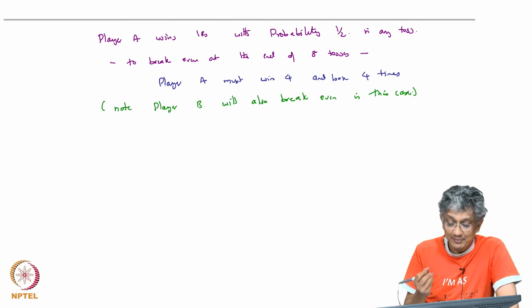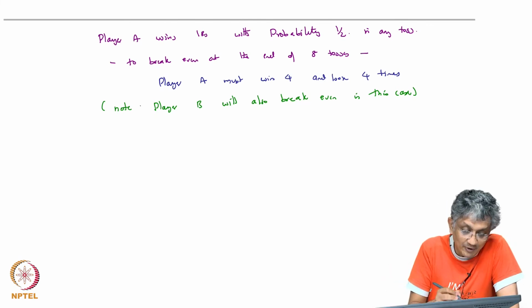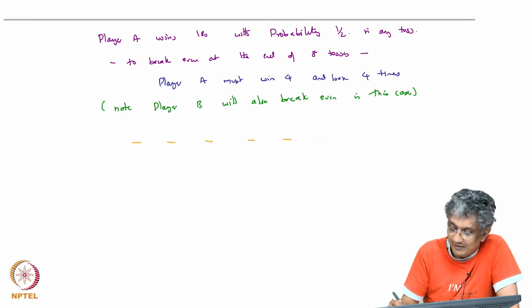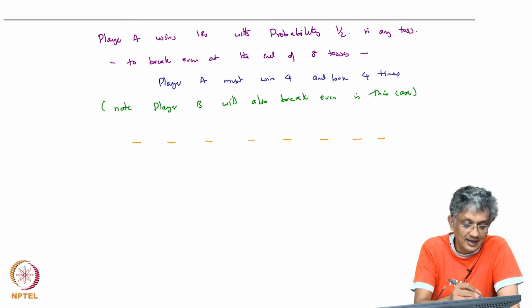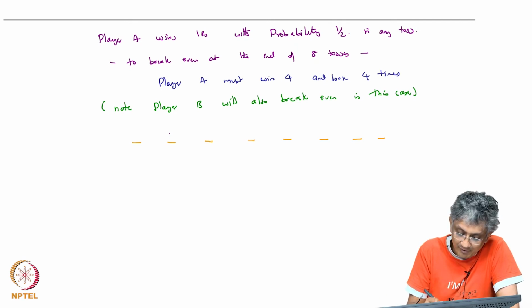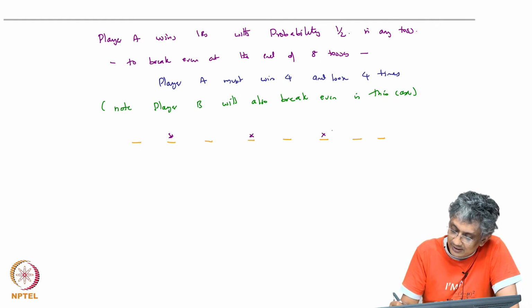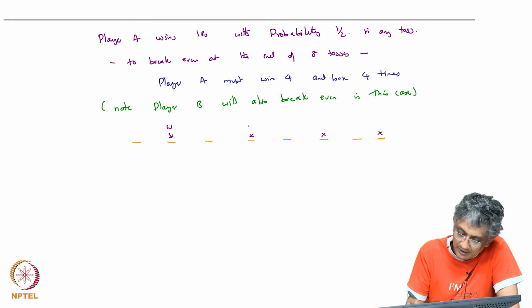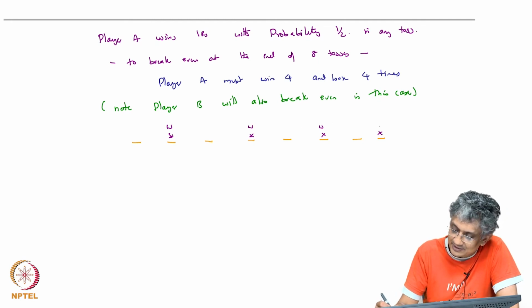So, but then what's the probability of this happening? You have 8 tosses, 1, 2, 3, 4, 5, 6, 7, 8 tosses, and you have to win 4 times. Let's say you win here 1, 2, 3, and 4 times you have to win. Let's say you got tails. The tails appears.